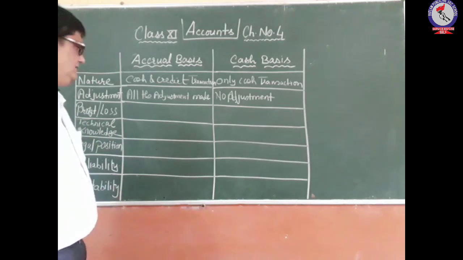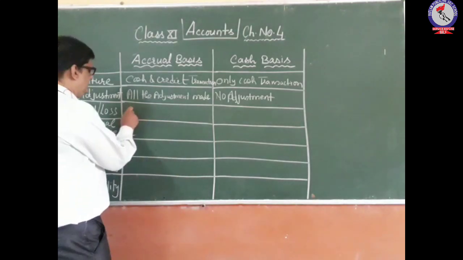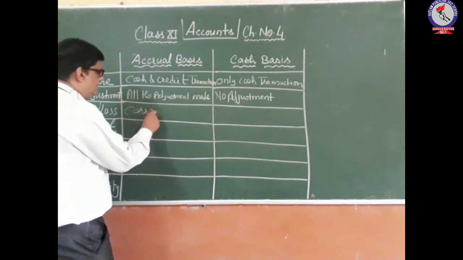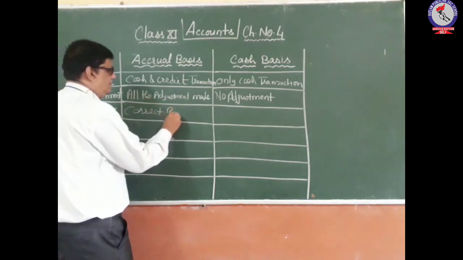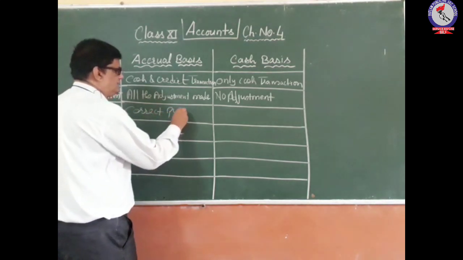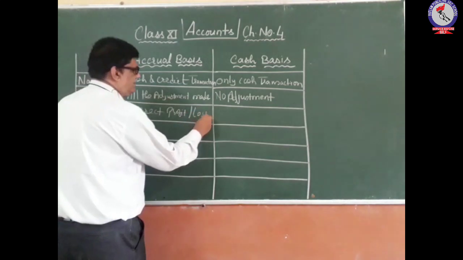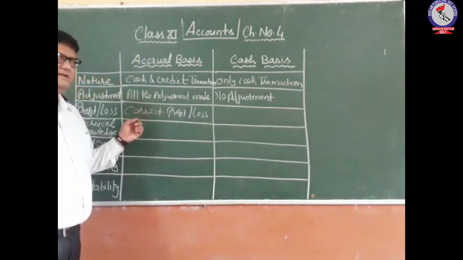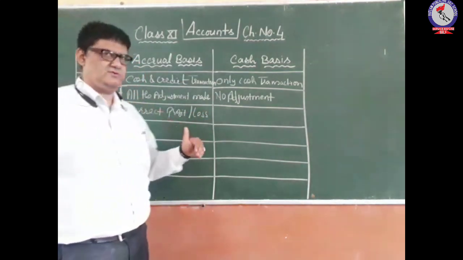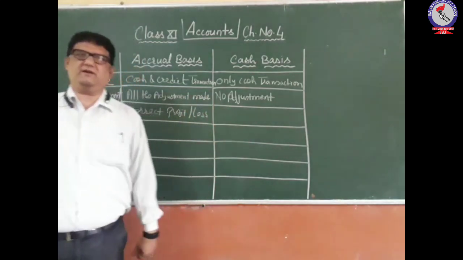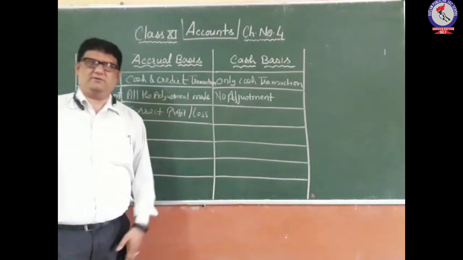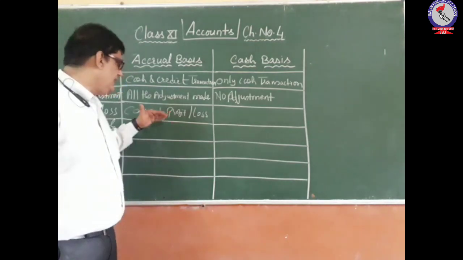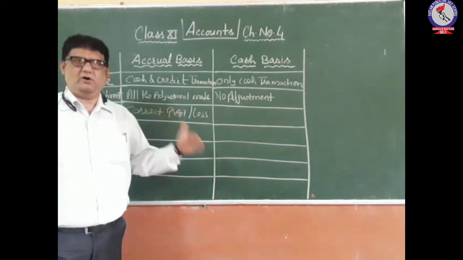Profit and loss. The accrual basis shows the correct profit and loss, because we prepare on the basis of accrual, so cash and credit both transactions are recorded and all the adjustments are also made. So there is a correct estimation of profit and loss.